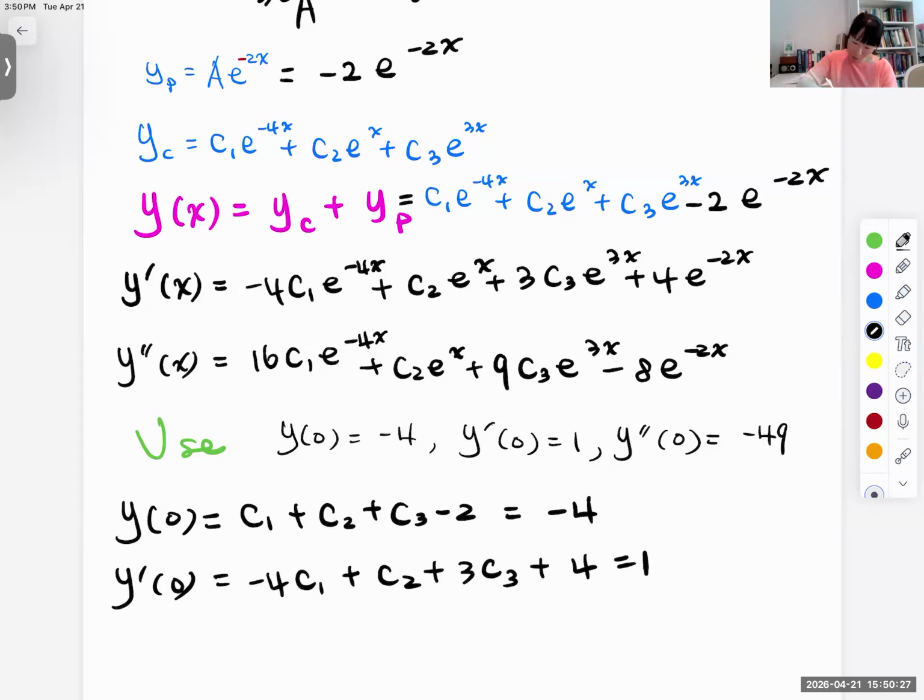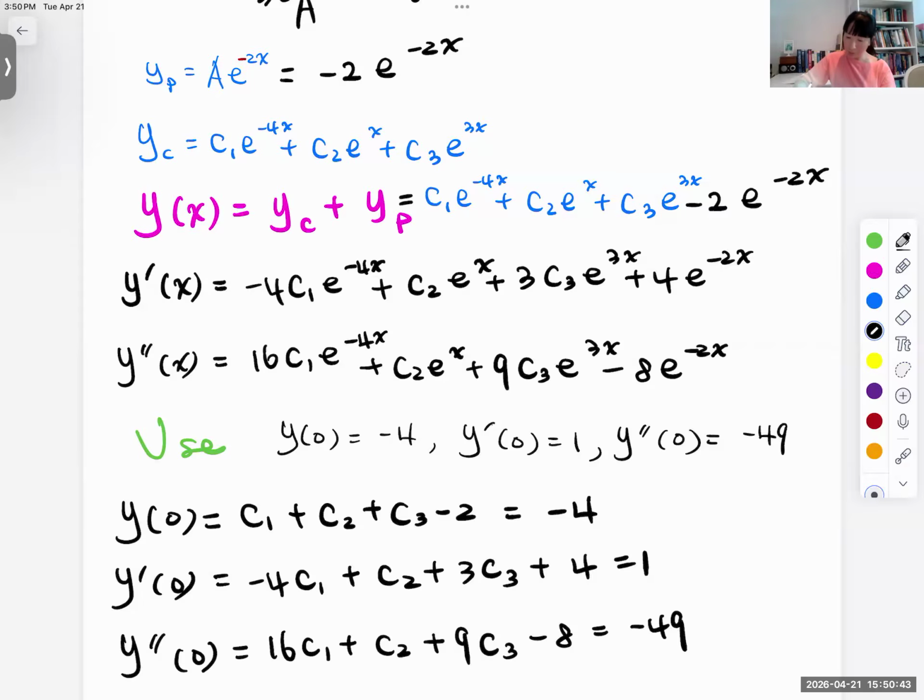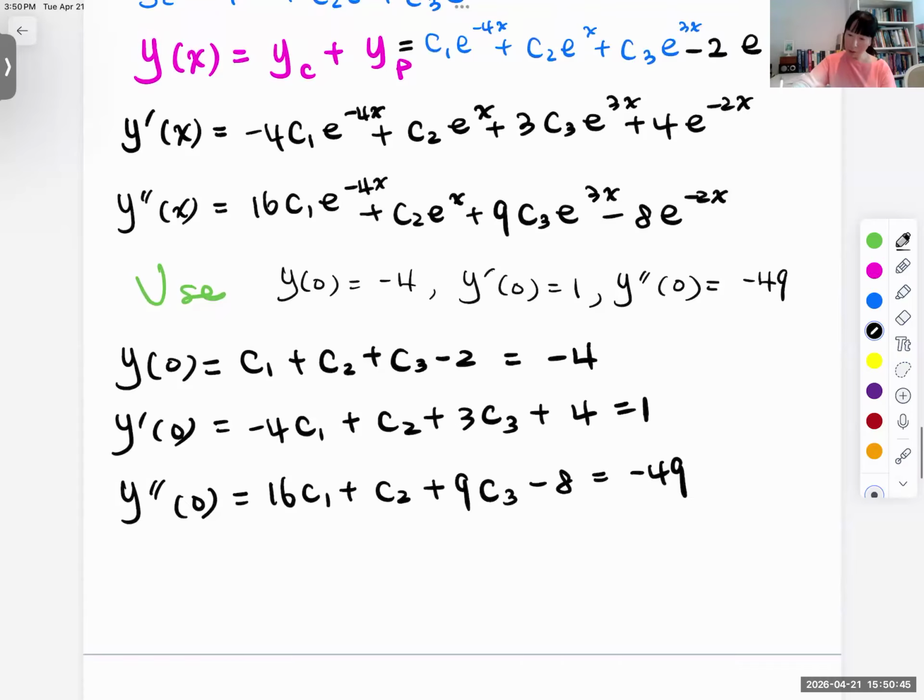Now y second prime of 0: 16 C sub 1 plus C sub 2 plus 9 C sub 3 minus 8 equal to negative 49.